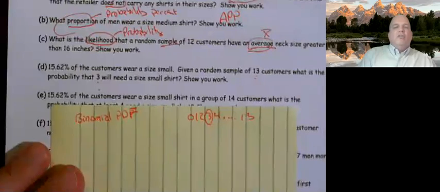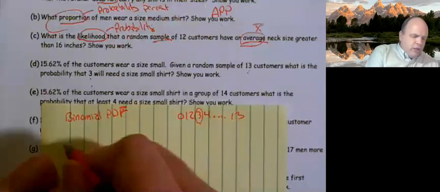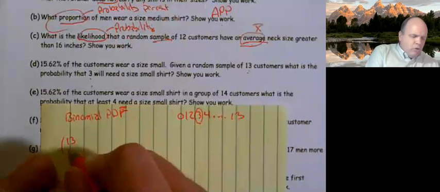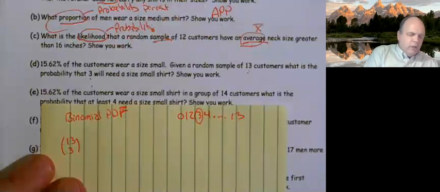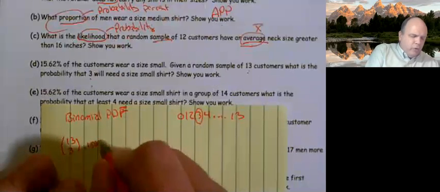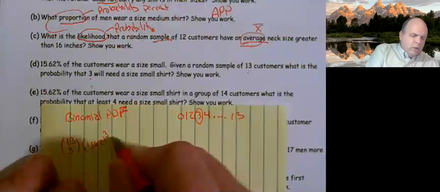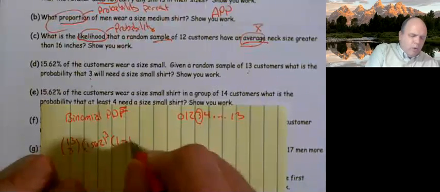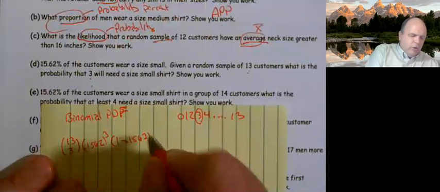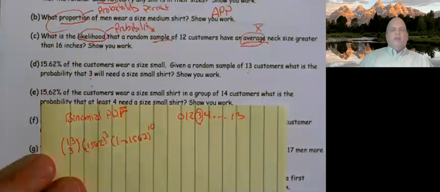So we have 13 choose 3, 0.1562 to the third power, 1 minus 0.1562, 13 minus 3 is 10.